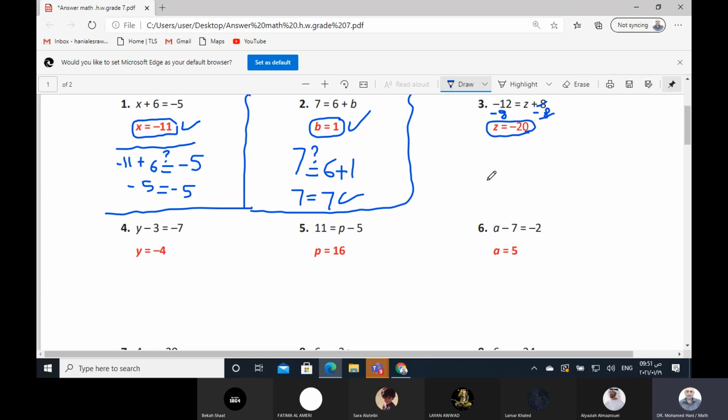If you want to check, go back to the same equation. Is it minus 12 equal, the value of z, minus 20, plus 8? Yes, minus 20 plus 8 will be minus 12. So this is true and this is the right solution.